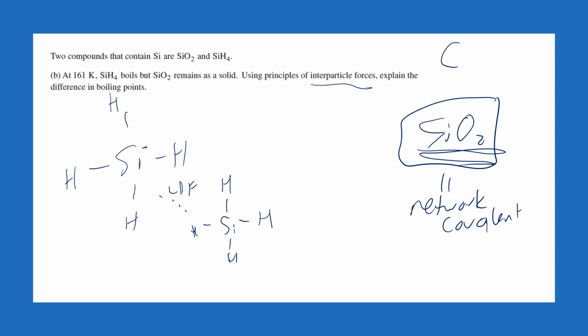It's going to form like graphite or diamond. And so because it forms covalent bonds throughout, those are much, much stronger than the London dispersion forces, and it's going to take significantly higher temperatures to get it to melt or boil. So really just remember carbon compounds, solids that are only carbon, so graphite and diamond, and then silicon oxides, or glass, are network covalent.